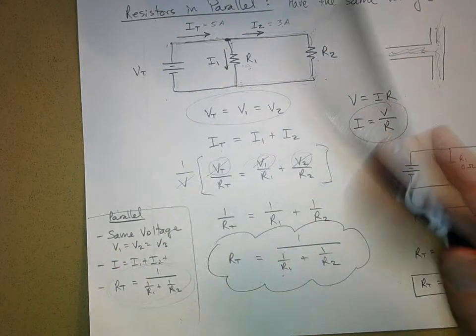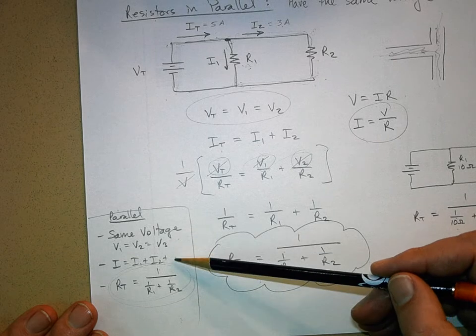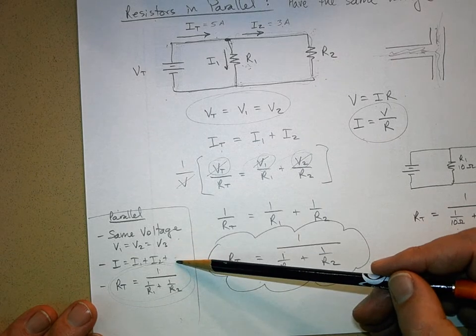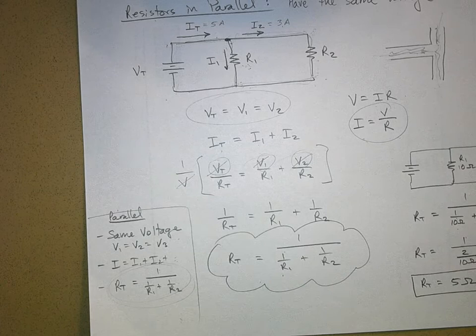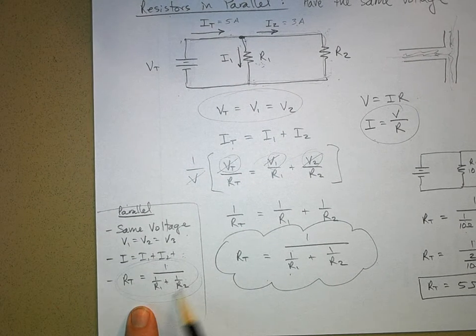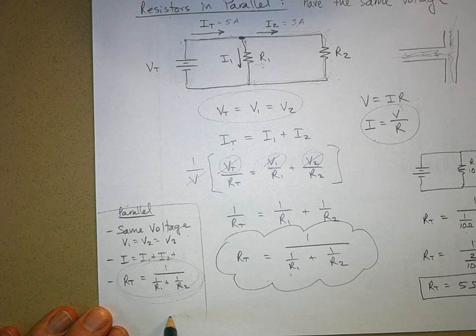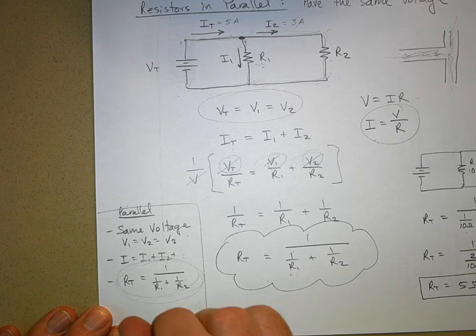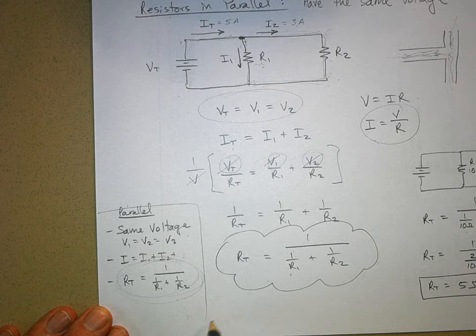But resistors in parallel have the same voltage, but their currents add up to the total current, so you're getting more current for the same voltage in your circuit, which means your overall resistance is less. When you actually do this, you will always get a number smaller than your smallest resistor. Your total resistance will always be less than the smallest resistor that's in parallel.